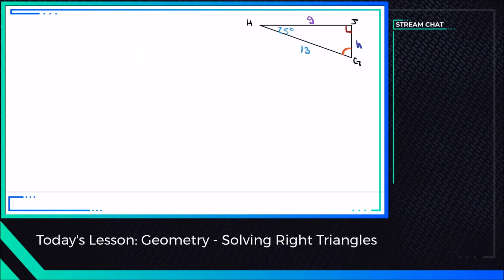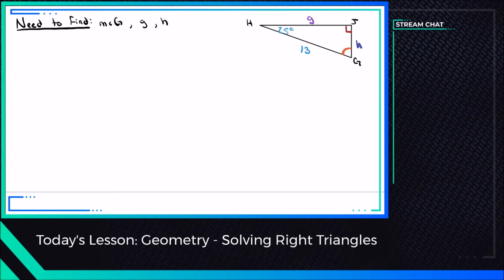So we need to find the following pieces of information: the measurement of angle G, side length G, and side length H, little g, little h.